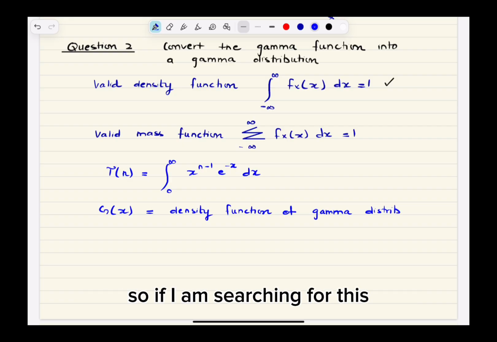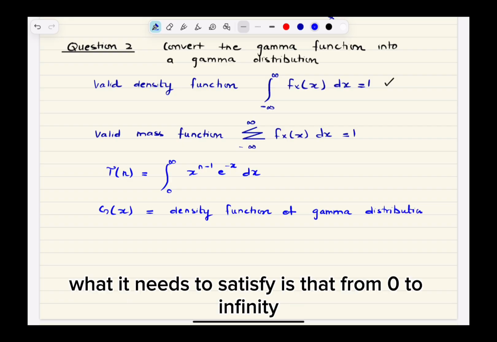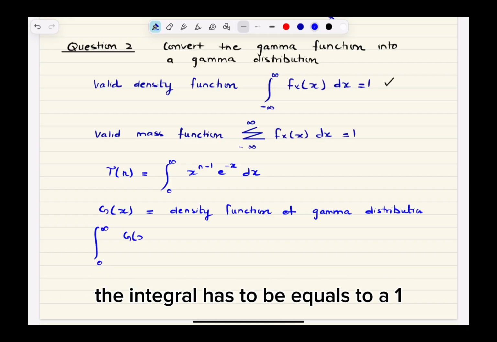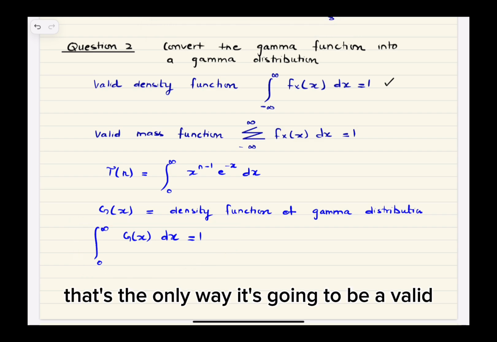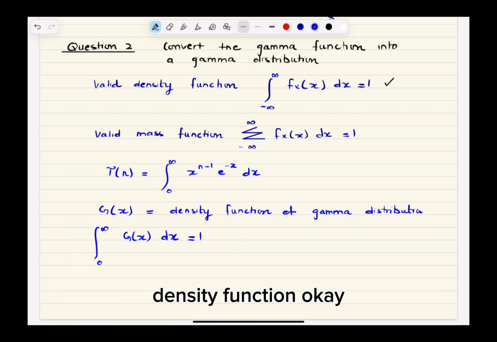What it needs to satisfy is that from 0 to infinity, the integral has to be equal to 1. So I need to find a g(x) which satisfies this.